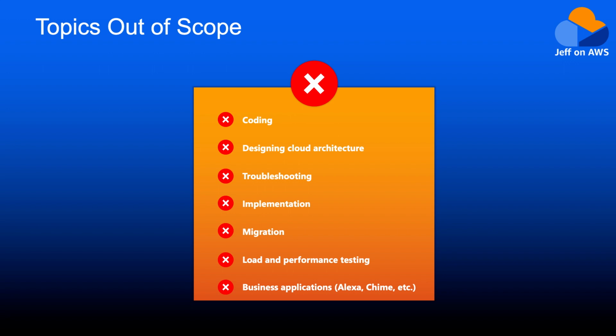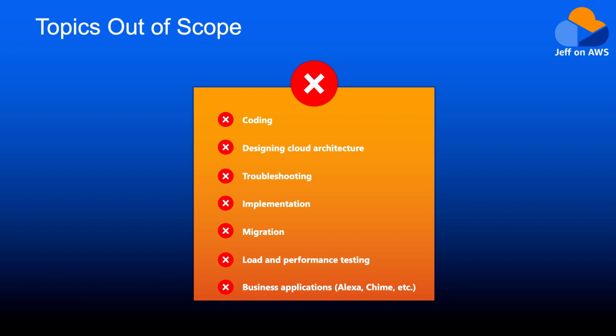You don't have to implement AWS Cloud. This is, again, just about the concepts and some of the benefits of using the cloud. So don't worry about how you're going to implement the cloud. You don't have to worry about how to migrate, let's say, from a data center that is on premises to the cloud.